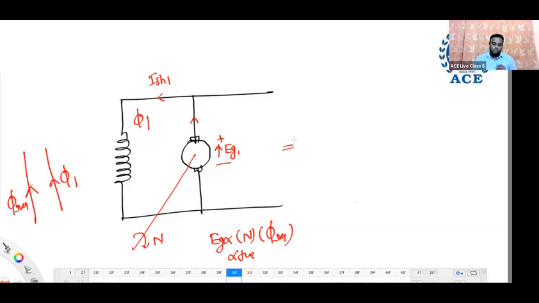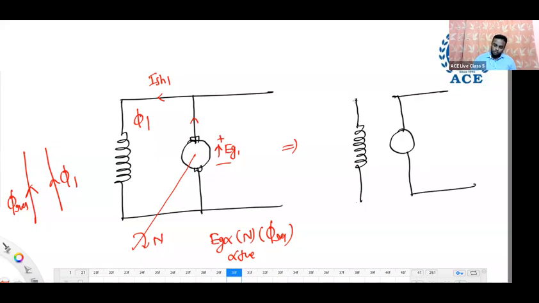Now what is said: in addition to direction of rotation, field terminals are also interchanged. Means direction of rotation is reversed. Observe the figure. Direction of rotation is reversed, and at the same time, field terminals are interchanged like this.